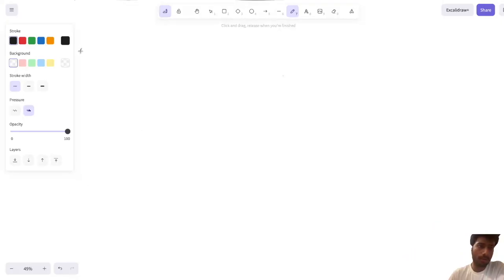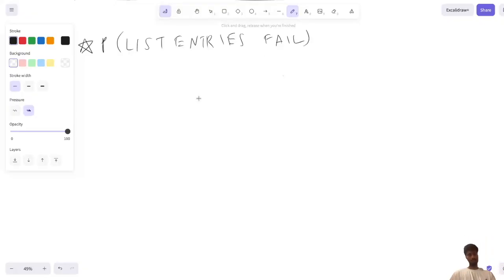So now we'll study the probability of the list entries function failing. Can you think of when the list function will fail? Yeah, it will fail when we don't have any cells that are singletons with count equals to 1, but we still have values stuck inside the IBLT array.